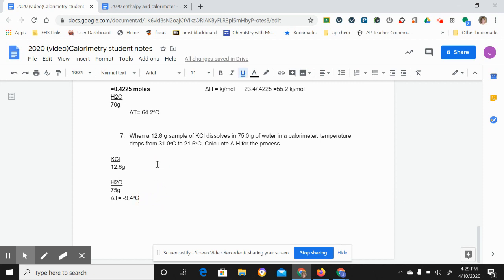So now we can figure out our Q value, right? So our Q equals our mass. So our total mass in our calorimeter was 12.8 grams plus our 75 grams. Our C value, because we still have water in our calorimeter, we're looking at our liquid. So that's 4.18.